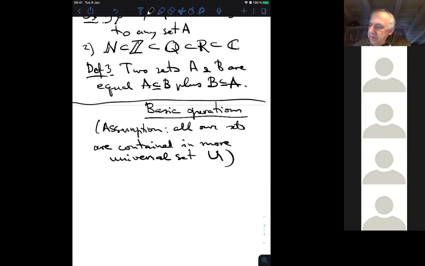Let's see. Given A and B in this universal set, we define their union. This is the notation.